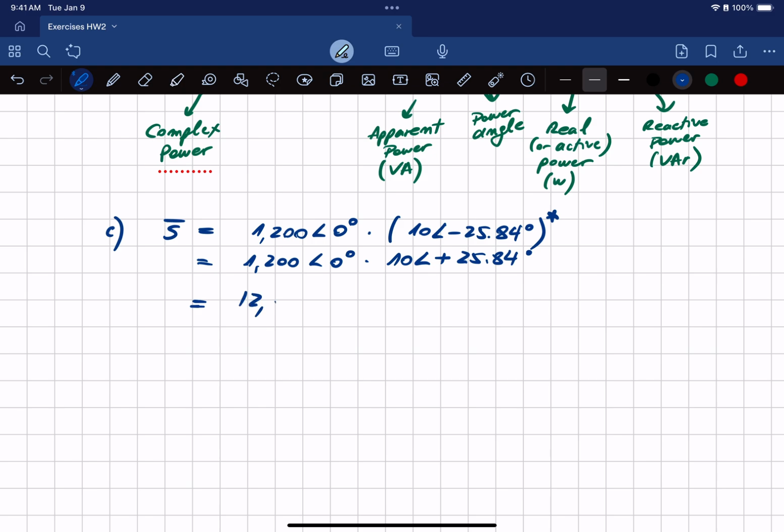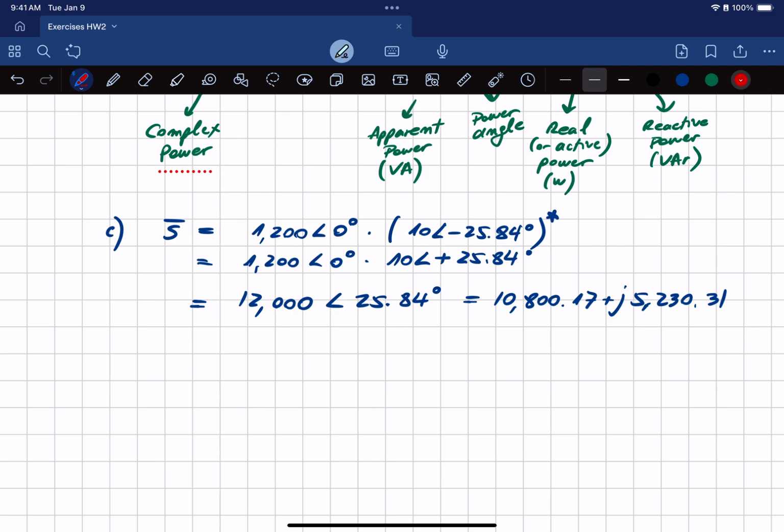So 12,000 angle 25.84 degrees, or in rectangular form, 10,800.17 plus j 5,230.31.